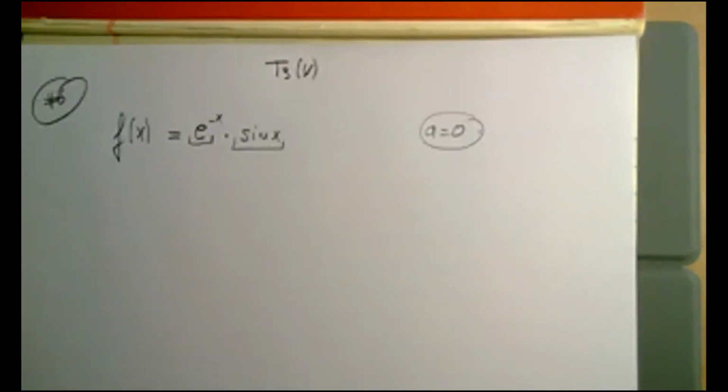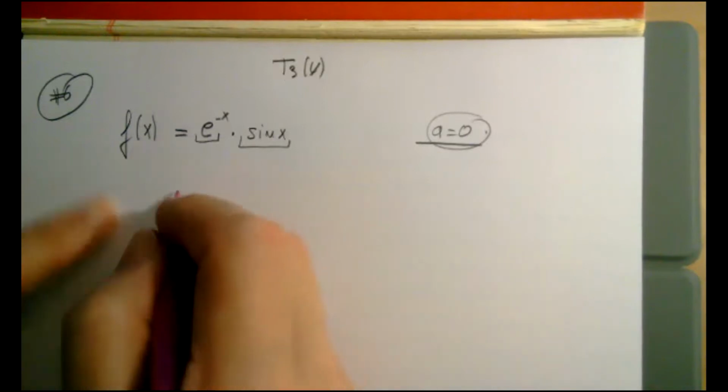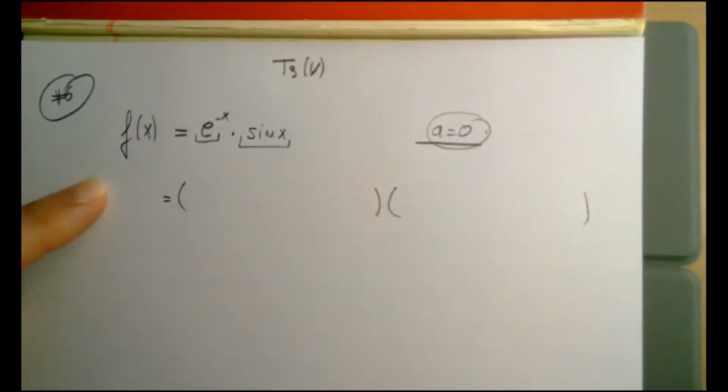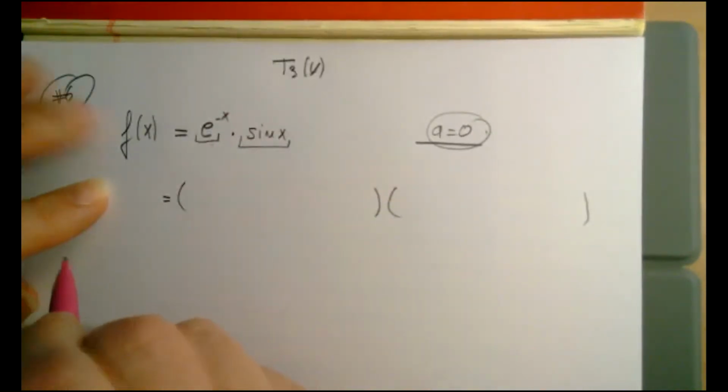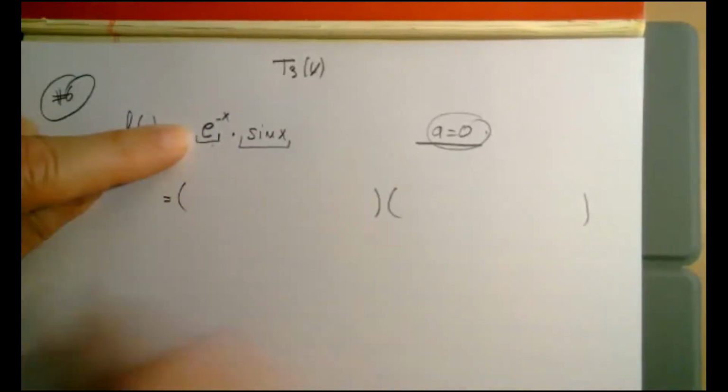You decide which one is the easiest. Now, I don't want to mess up computing derivatives for this function, and because it's a equal to 0, I am safe. So the way I will do it is what we did yesterday. I take e to the minus x and find its power series. What's the power series of e to the minus x? It's the same thing as e to the x, but I substitute minus x for x.